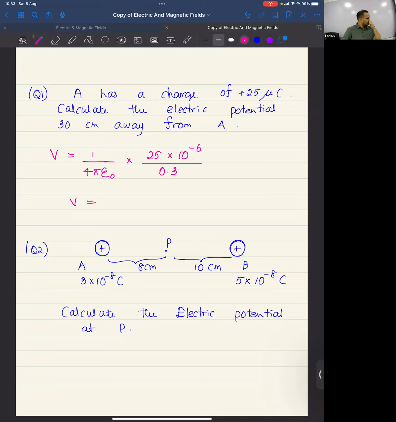Correct? So how much is that? 7.5 into 10 to the power 5, either volts or joules per coulomb.